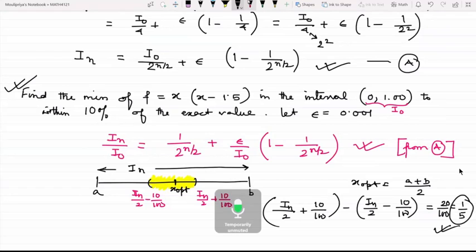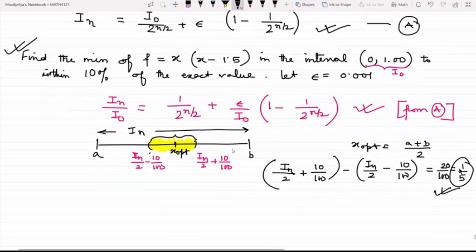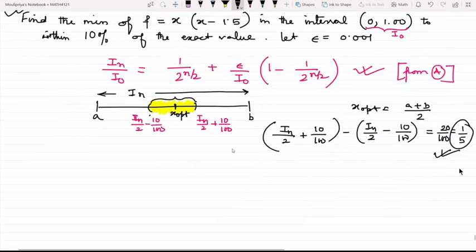Okay, that means basically the rate at which the interval is decreasing should be lying within this particular range. So by that we mean this In by I0 should be less than or equal to 1 by 5.